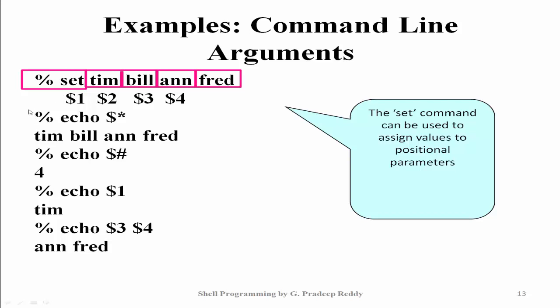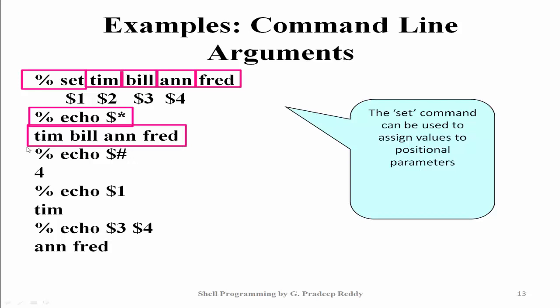For example, here echo $* specifies all the positional parameters which we have set by using the set command. It is going to display all positional parameters which are set: Tim, Bill, Ann and Fred.